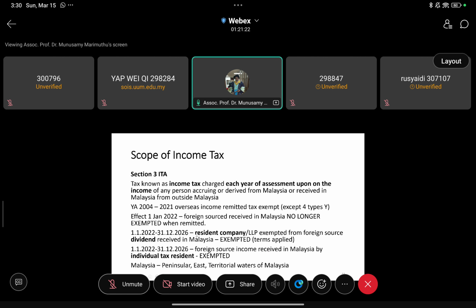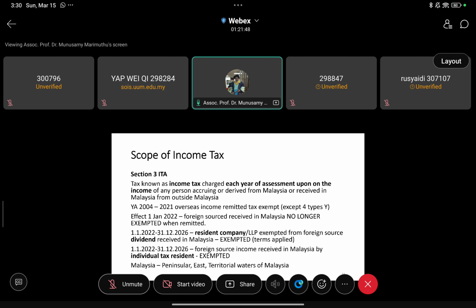A resident company that receives dividend from abroad is not taxed in Malaysia. In other cases, other than dividend income, if they receive foreign source income such as rental or interest from overseas, it will be taxed. We'll emphasize more later.